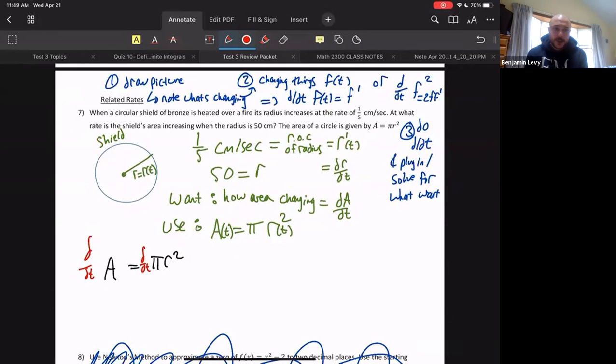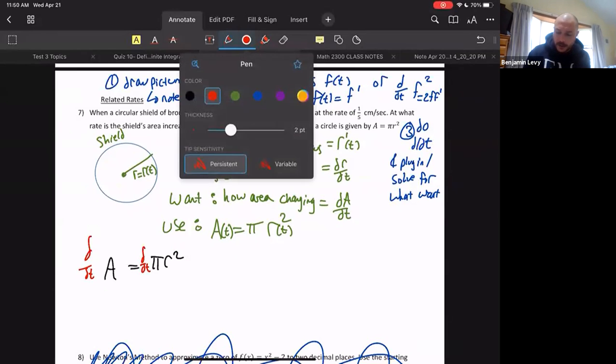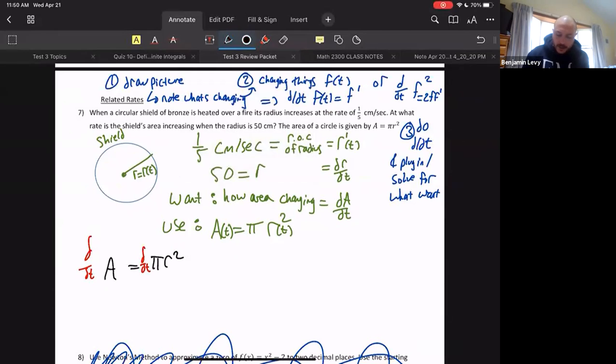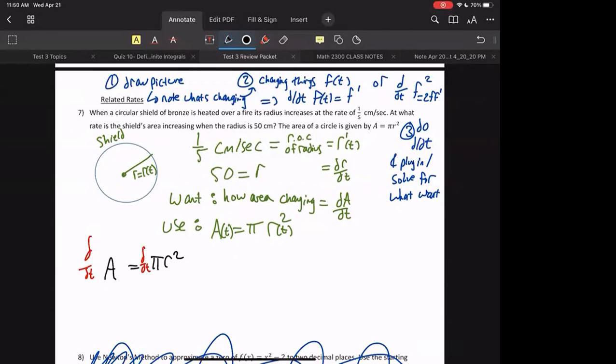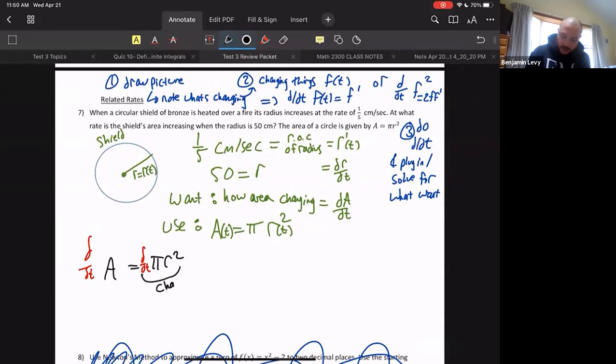This is implicit differentiation. Hopefully we have an idea of what to do here. What does anyone think? R squared, of course, is going to be a chain rule. So what does this equation become? Does anyone want to read me what they think the entire thing is?